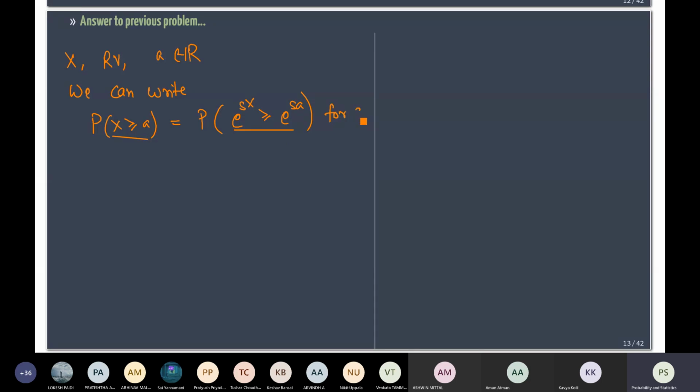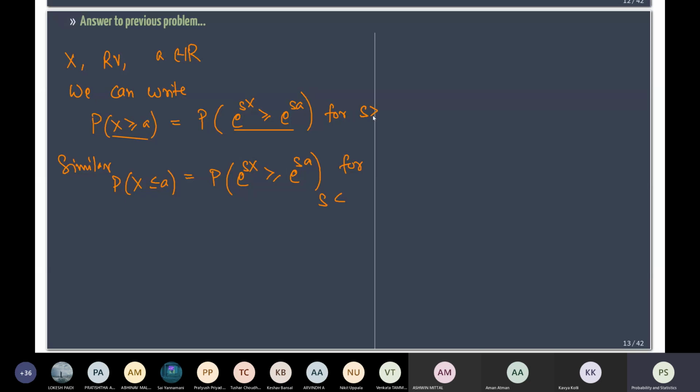So this is for s greater than 0, when I raise it to the positive power, obviously. And similarly for s less than 0, the probability that X is less than or equal to A will be the probability that e to the s X is greater than or equal to e to the s A. Why am I saying 0? Let me do this in a clean way.